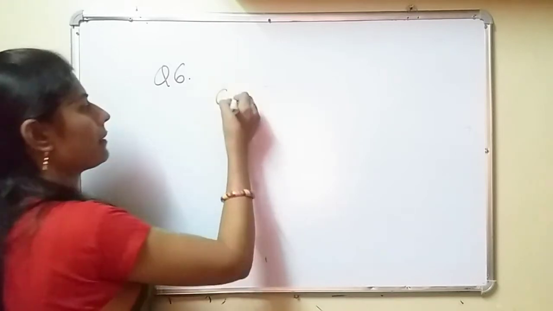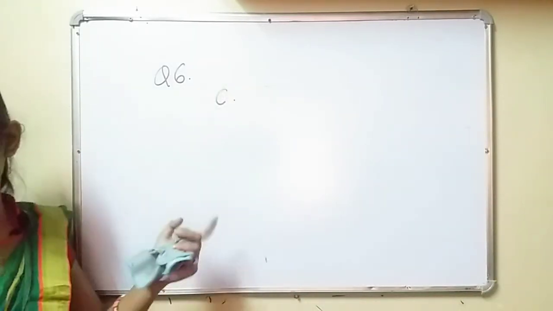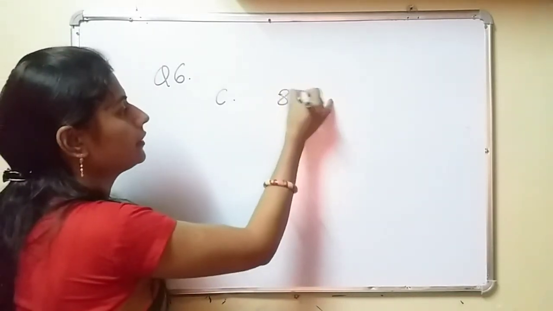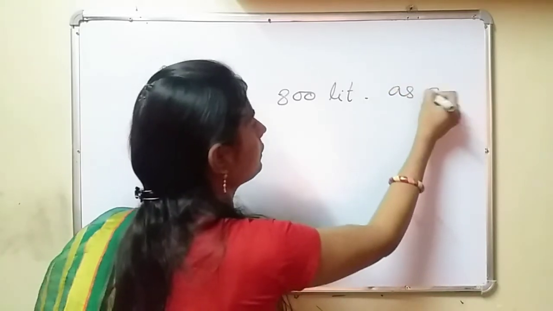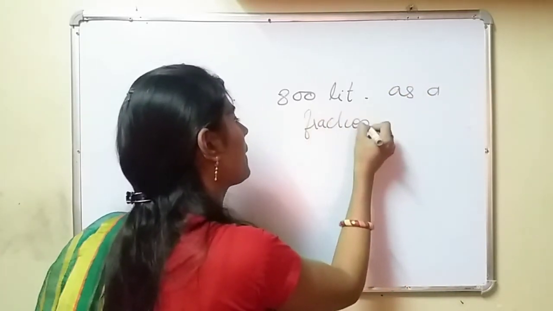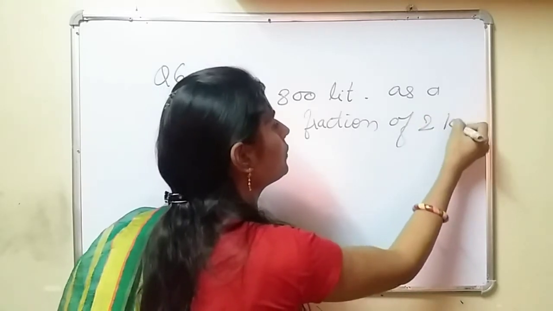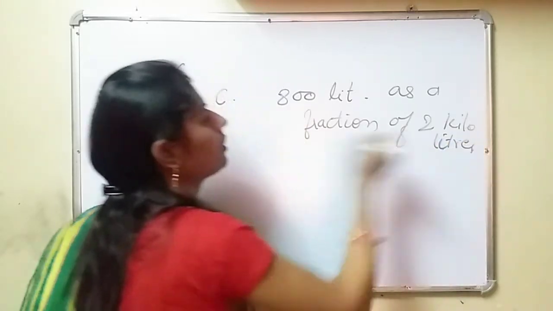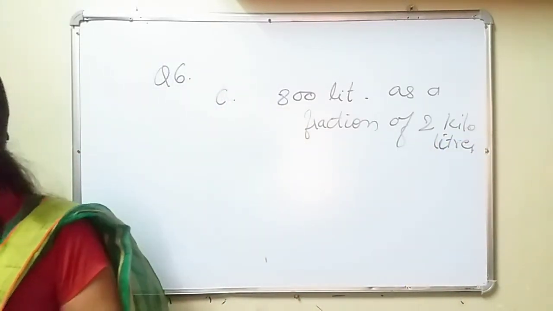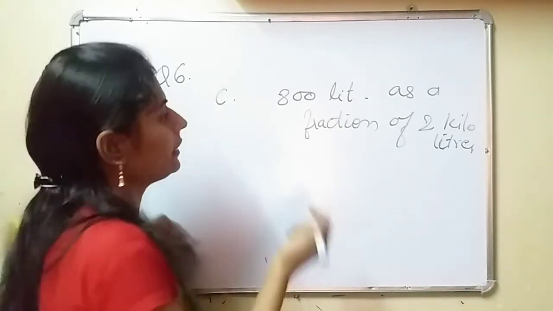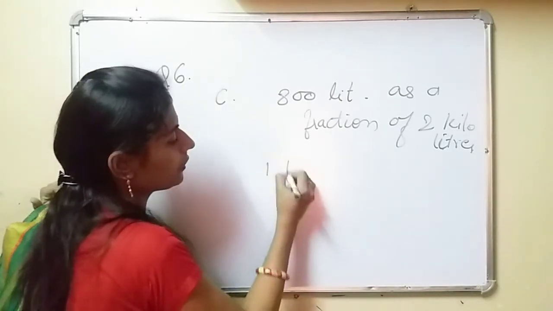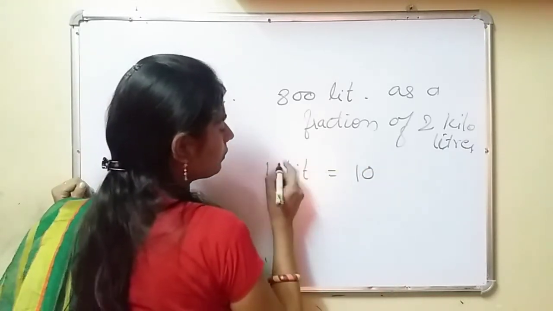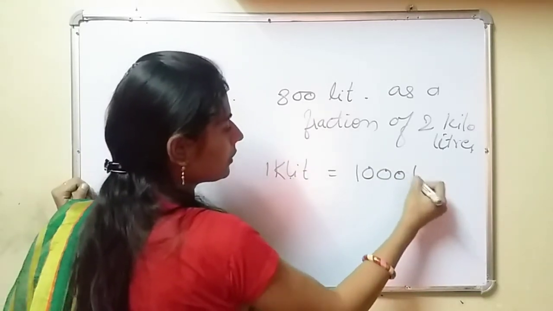Now see question number C, that is 800 liters as a fraction of 2 kiloliters. Okay. Now see, 800 liters. 1 kiloliter is equal to 1000 liters.